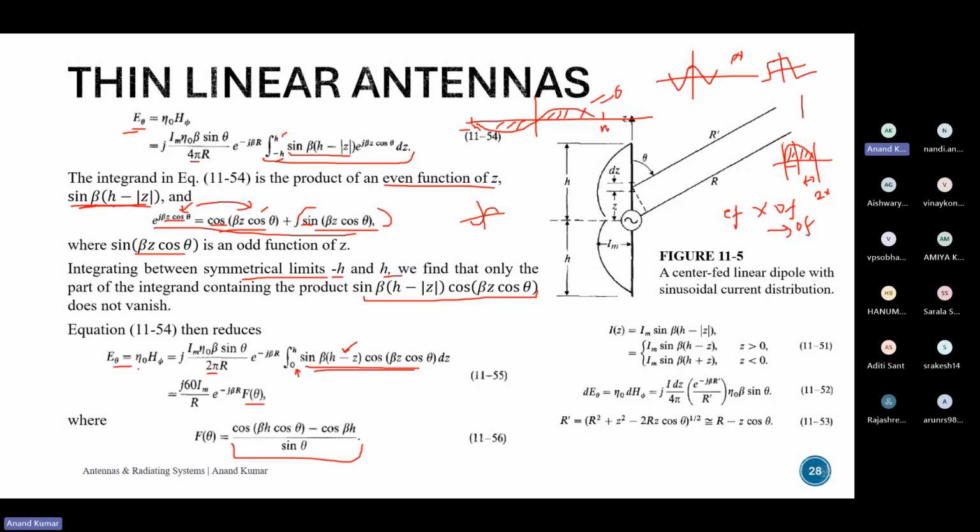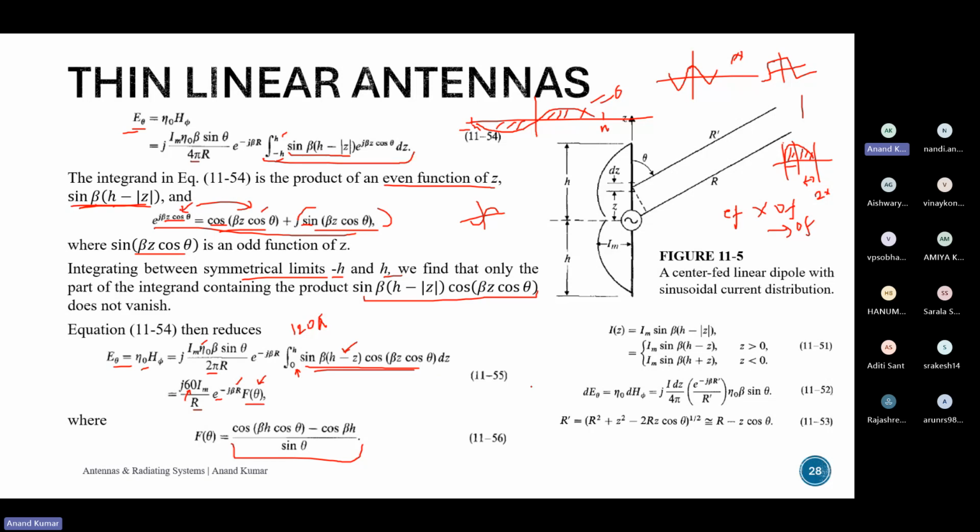So the electric field equals eta times the magnetic field, equals j60 times Im, the maximum current value, upon the distance r, e power minus j beta r. All these are constants, and the only thing varying over here is the function, all the terms which are a function of theta. Notice we have written 60 over here, and the 60 has come because eta is 120 pi. We substituted that, and this 2 pi and 120 cancel out to give us 60 Im.